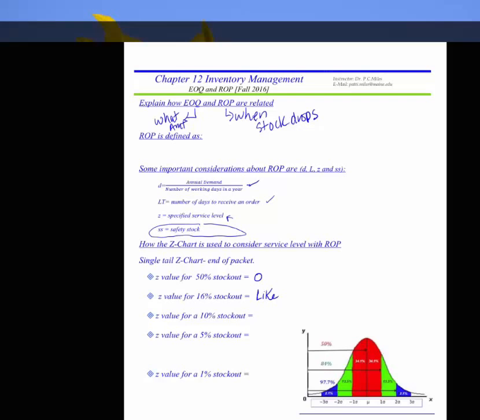So here, if we were okay with a 50% stock out, then that would mean our Z value is equal to 0, because we'd be right in the center of our normal distribution. You would not likely see that.